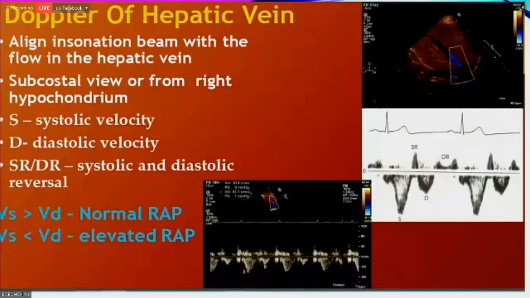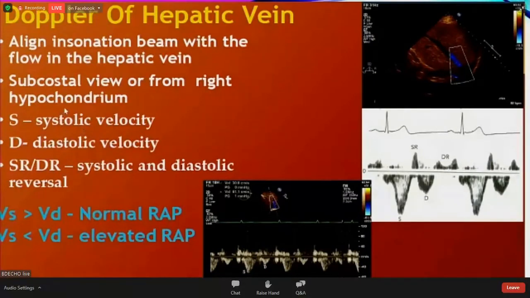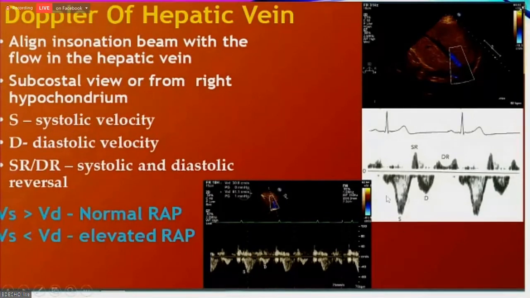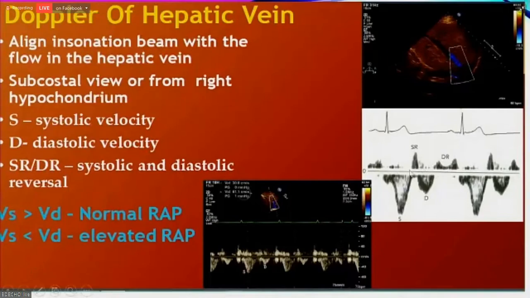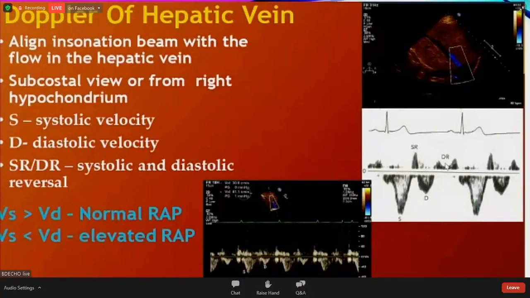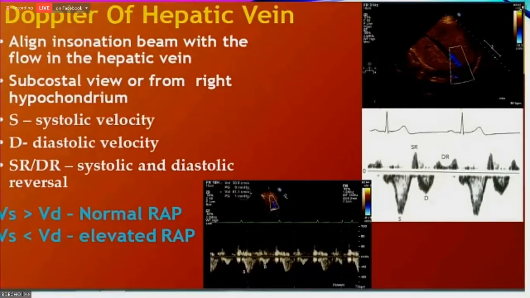So comes the Doppler of the hepatic vein. You can see it if you align the beam to the flow of the hepatic vein in a subcostal view. So you see the S wave velocity here, then the D wave, that is the diastolic, and SR and DR, the systolic and diastolic reversal.